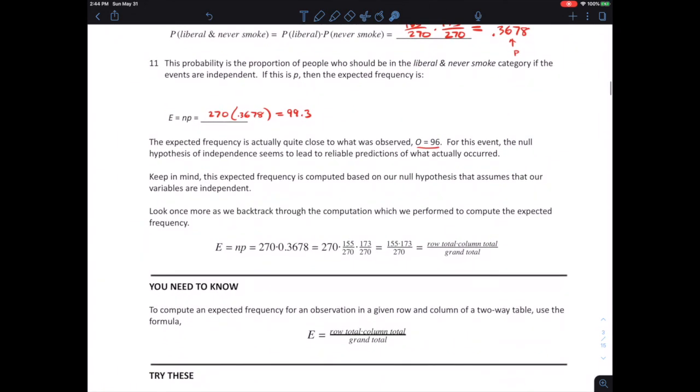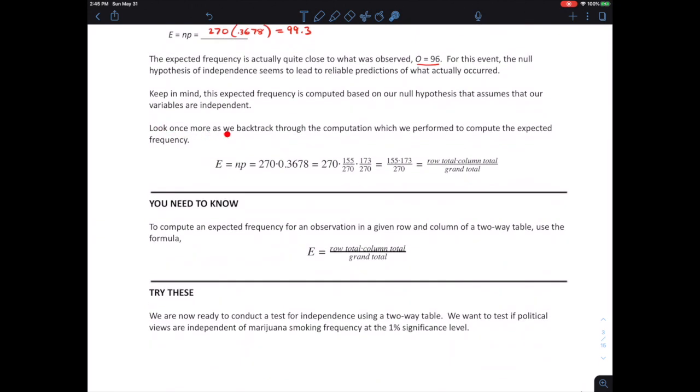All right, so for this event, the null hypothesis of independence seems to lead to a reliable prediction of what actually occurred. We would have predicted 99.3, we got 96. That's pretty good. Okay, keep in mind this expected frequency is computed based on our null hypothesis that assumes our variables are independent.